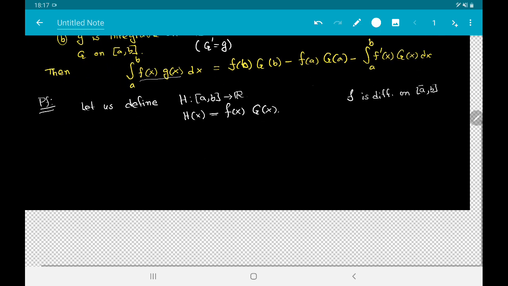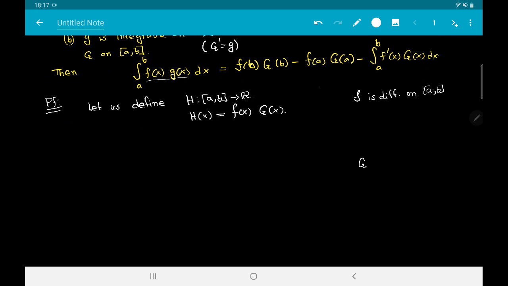So by definition G is also differentiable on the closed interval ab. We know that the product of two differentiable functions is differentiable. So we derive that h(x) is differentiable on the closed interval ab.